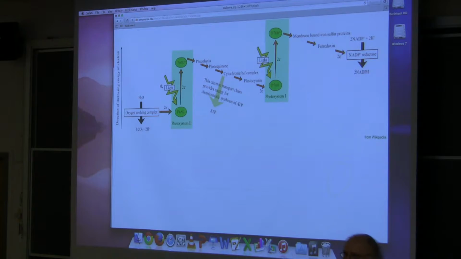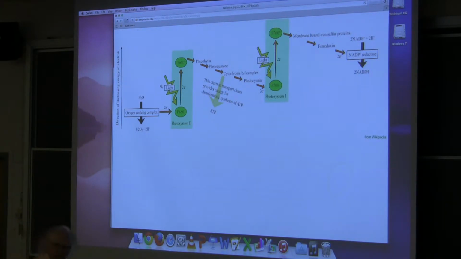So water gets oxidized. The oxidation of water produces oxygen, and it produces protons. One of the first things you should remember about photosynthesis is that it is an oxygen-generating process.